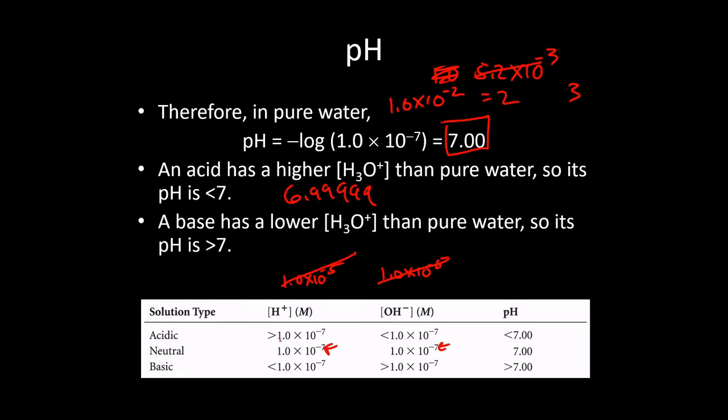And so then if we vary from that with more H plus and less OH minus, that would be acidic and would give us a pH of less than 7. And if we vary from that to having less H plus and more OH minus, that would be a pH greater than 7.